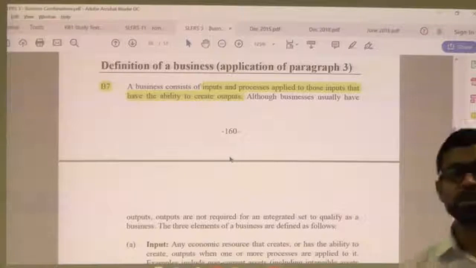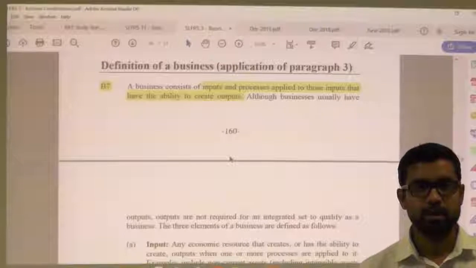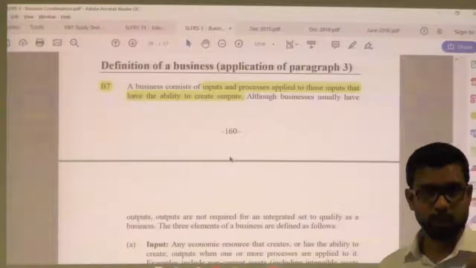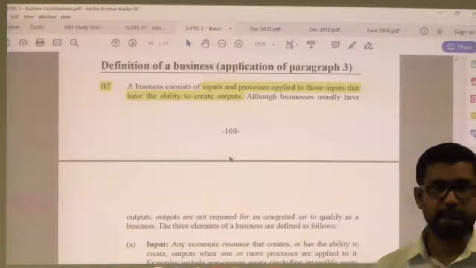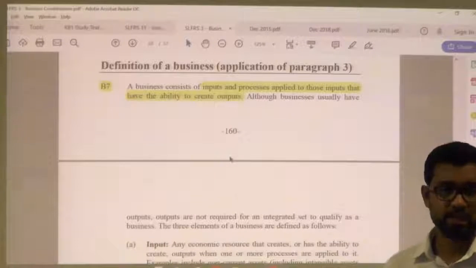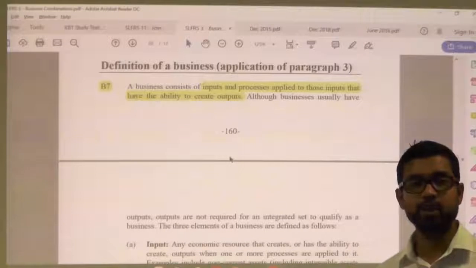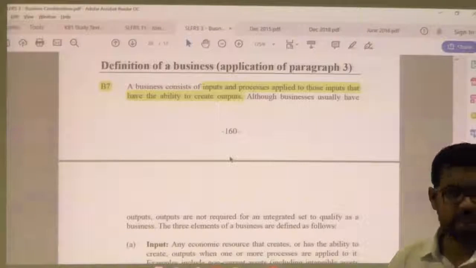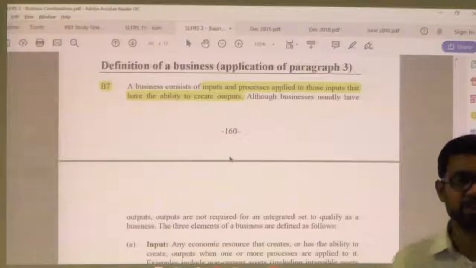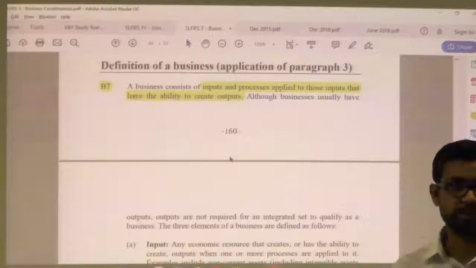Is the Chartered Institute a business or not? What is input? The institute has invested money on this input, and they have prepared raw material, study packs, your standard books, and some other auditing standard books, a lot of publications, inputs, and they have lecturers, human resource, they have administrative staff, input.